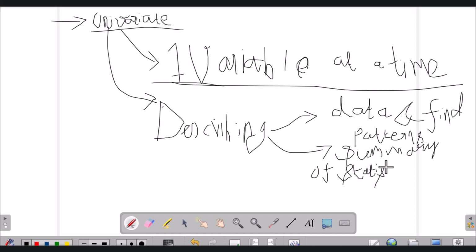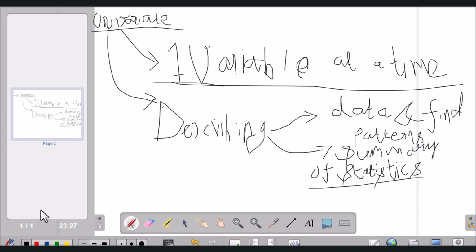There is no space, folks, to write mean, median, mode, but understand that summarizing the statistics means mean, median, mode, standard deviation, range, whatever conclusions the statistics give. Now we'll try to understand with the use case. I hope you got the clarity now.